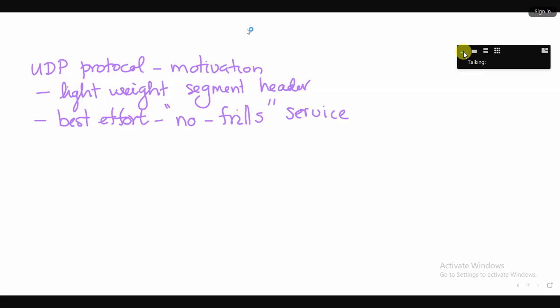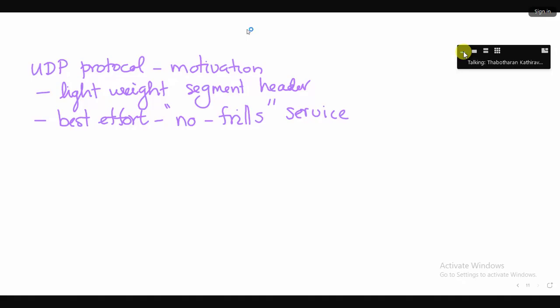It's not taking much effort in sending this segment towards the destination machine. It does provide multiplexing and demultiplexing services, of course, but it does not take much effort. It takes best effort.